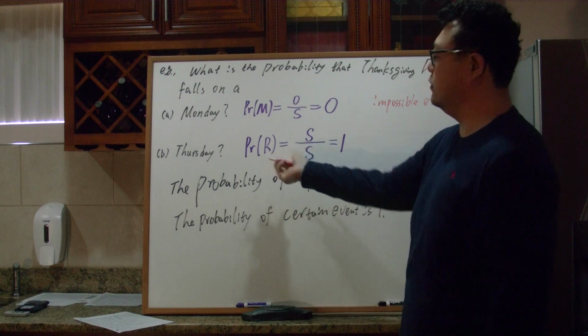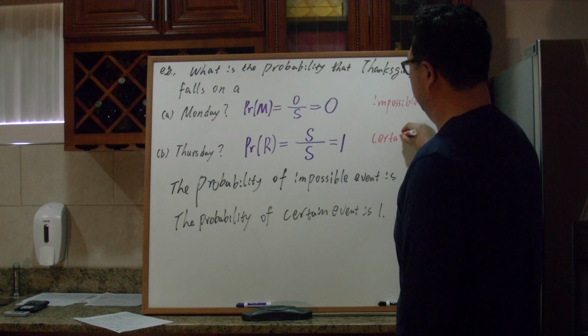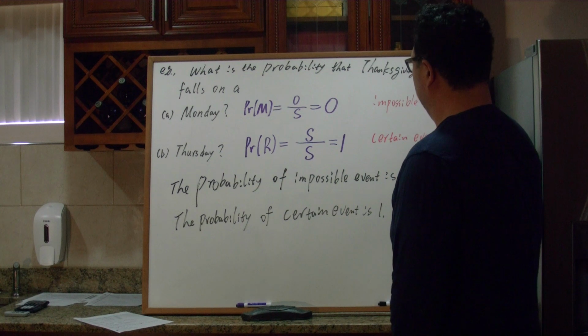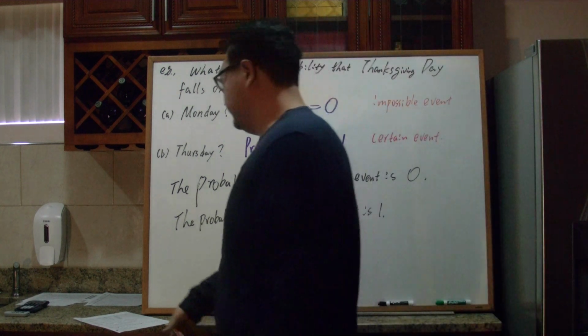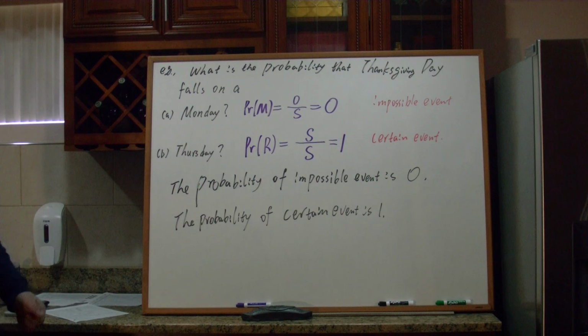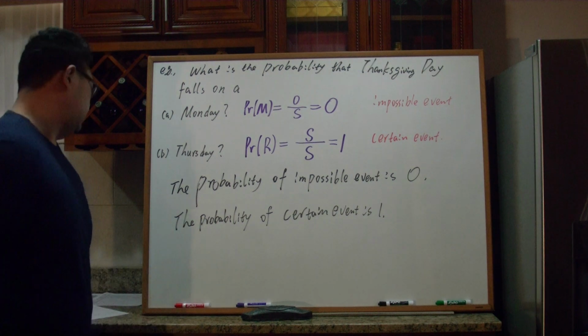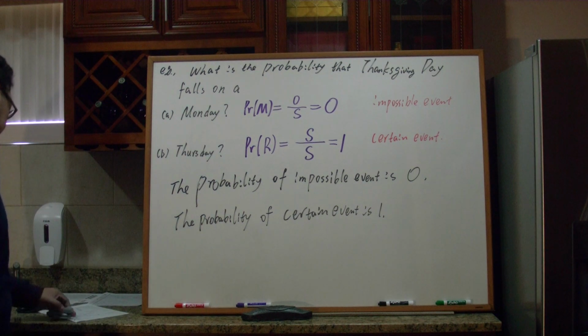And we call those with probability 1 the certain event. We consider that the probability of the impossible event is 0 and the probability of the certain event is 1.